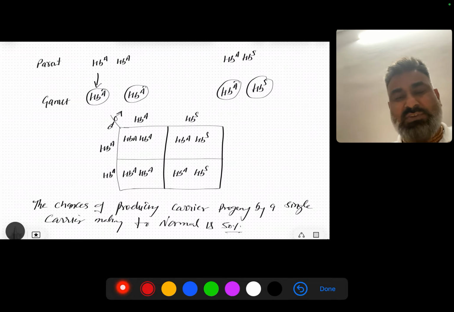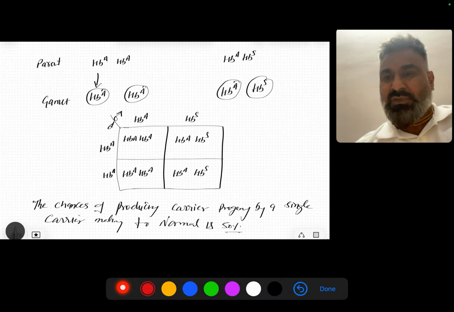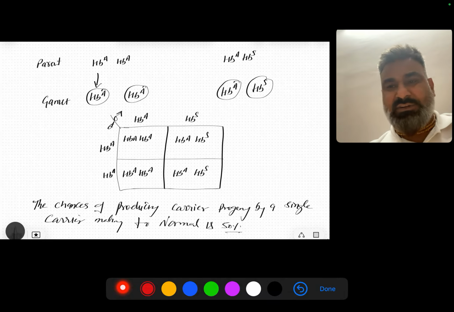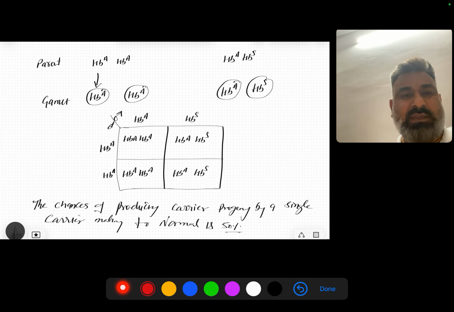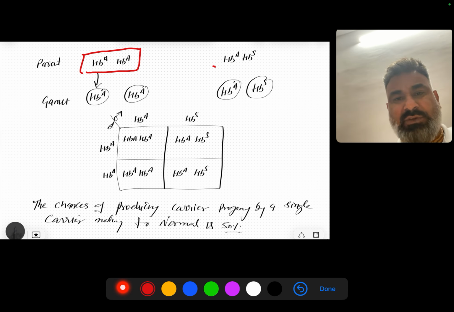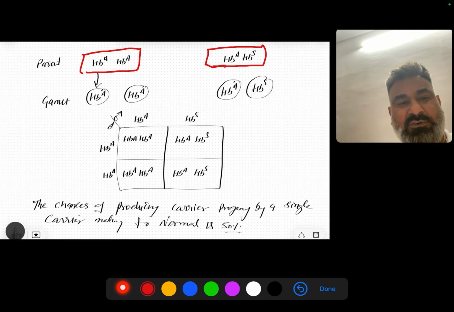Now let us talk about genetics, how it transfers from one progeny to the next. If a parent is normal and married to a carrier, then the gametes are formed like this.